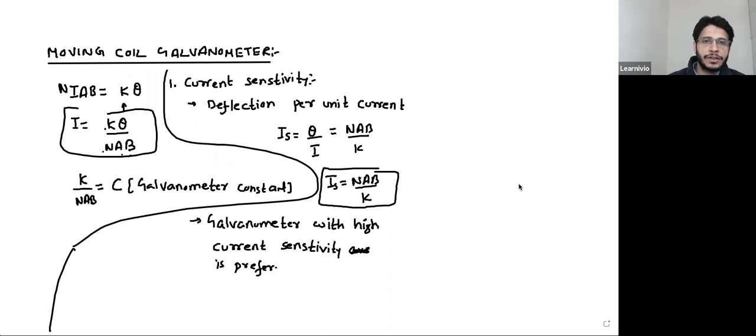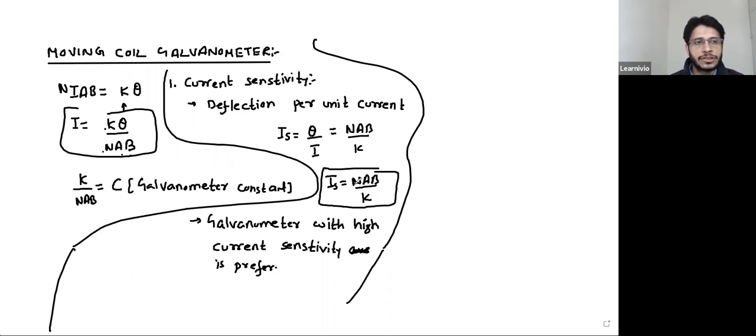From current sensitivity, you can get some conceptual questions. Current sensitivity is directly proportional to the number of turns. So the first question is, can we increase current sensitivity by increasing the number of turns? Yes, they are directly proportional. If you increase the number of turns of the coil, your current sensitivity keeps increasing.